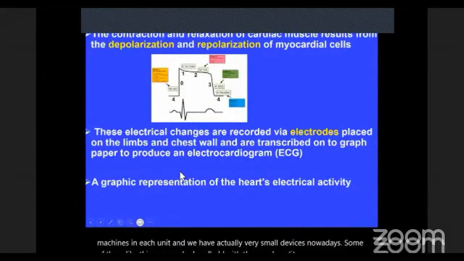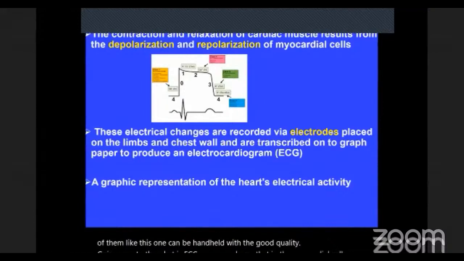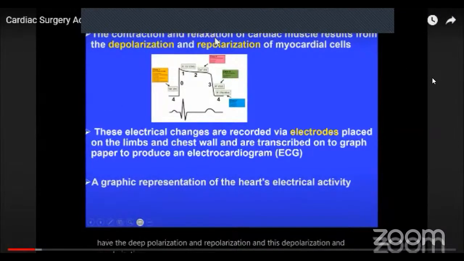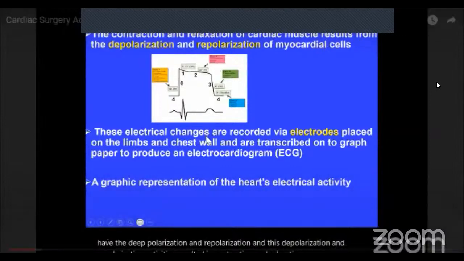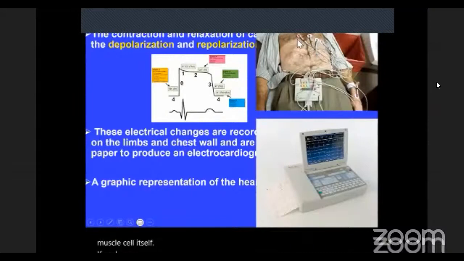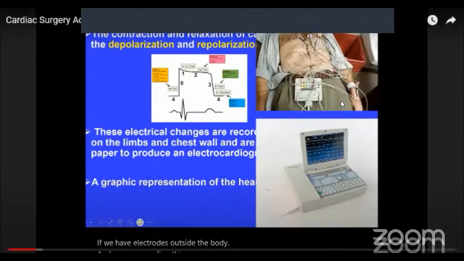Going now to what ECG means. We know that in the myocardial cell, we have depolarization and repolarization, and these activities result in contraction and relaxation of the cardiac muscle cell itself. If we have electrodes outside the body, and we are recording these electrical changes within the heart between these electrodes, then we have what we call ECG.